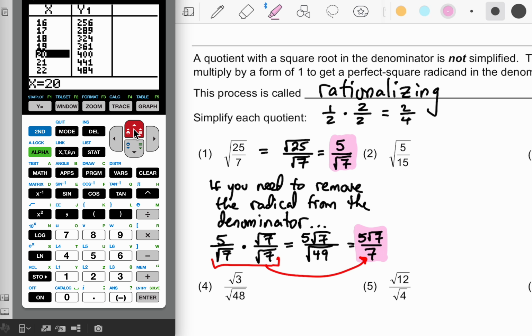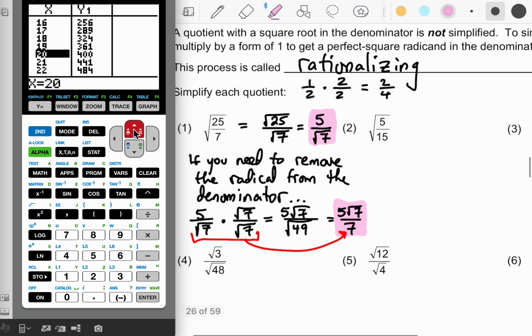So number 2, we can approach this the same way, but it's a little different in that number 1, 25 and 7, didn't have a common factor. When you see a fraction, hopefully one of the thoughts that crosses your mind is to try to simplify, like reduce the fraction.